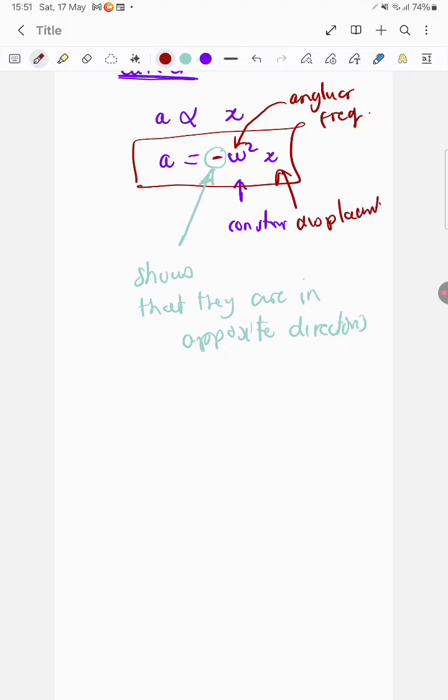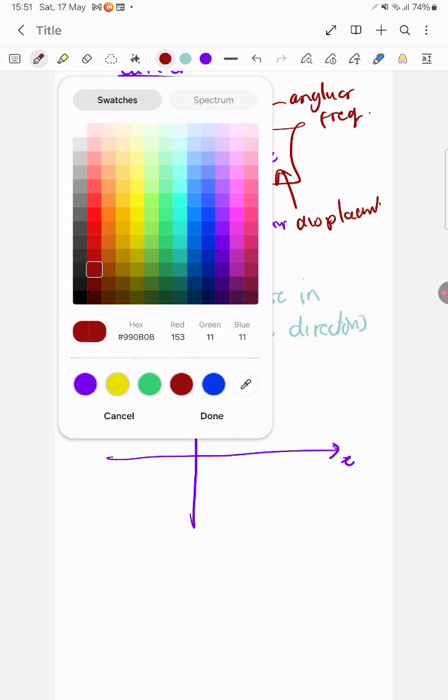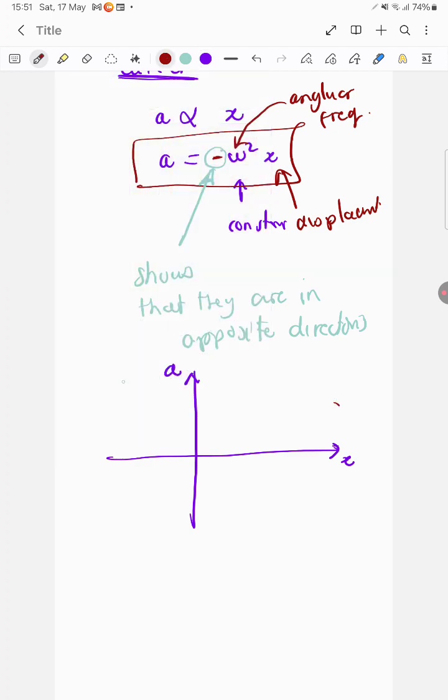So a very important graph that they often give you in the exam is a on this axis and x on that axis, right? And the graph will look something like this. It's a straight line, through the origin.